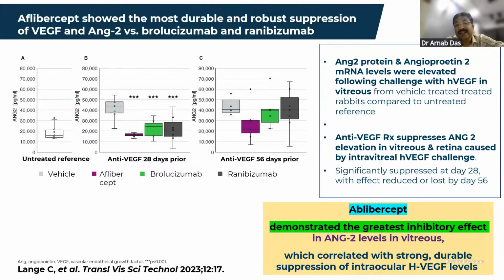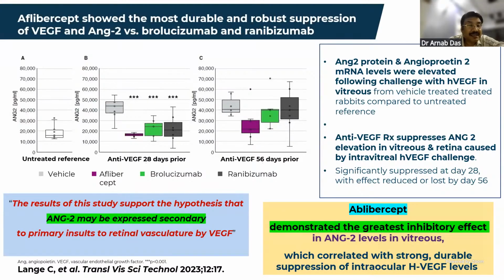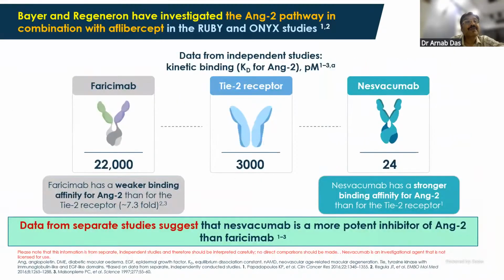Aflibercept demonstrated the greatest inhibitory effect on Ang2 levels in vitreous, which correlated with strong durable suppression of intraocular human VEGF as well. The results of this study support the hypothesis that angiopoietin 2 may be expressed secondarily through primary insults to the retinal vasculature by VEGF. So if that is blocked, then angiopoietin 2 levels will come down.